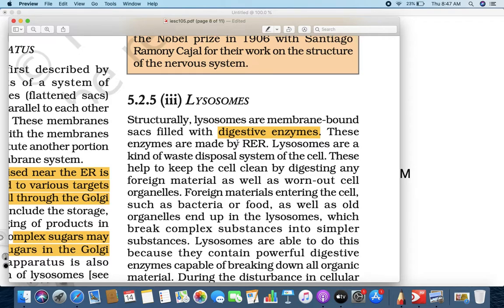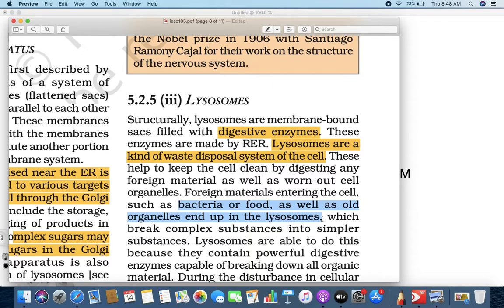How do they clean the cell? See, lysosomes are the waste disposal system of the cell. It means it cleans. They help to keep the cell clean by digesting foreign material. Foreign material means something which comes from outside the cell, not produced inside the cell, like bacteria or food, as well as old organelles. Suppose the organelles are old and of no use, it digests that also.